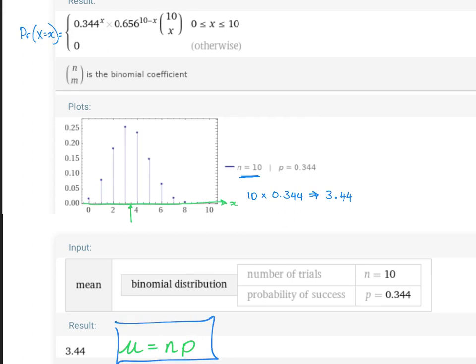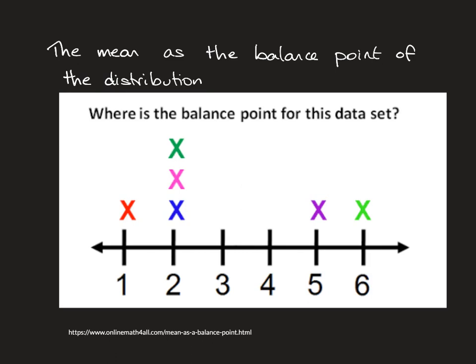But let's have a look a little bit closer at how we would place the mean on the graph of a probability distribution function for binomial just by eye. So the mean can be thought of as the balance point of a distribution, which would be the x value where you would put the fulcrum, if this line here was a seesaw.